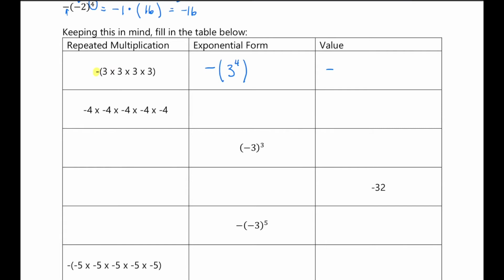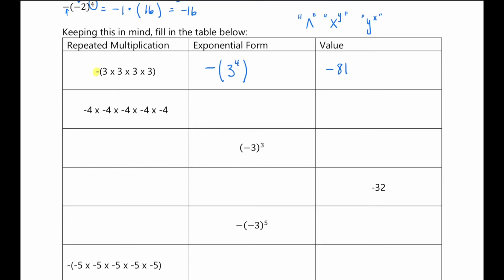And when you punch it into a calculator, you might have to use either this button, or this button, the x to the power of y button, or y to the power of x button. On my calculator, I have the mountain button, so whichever works for you. So we have negative 81 here.